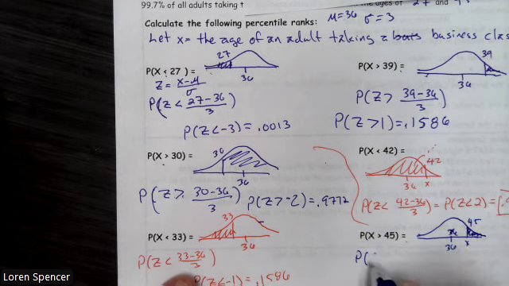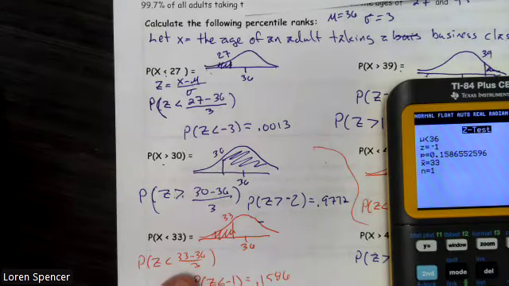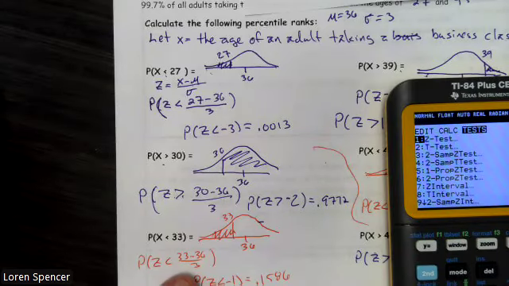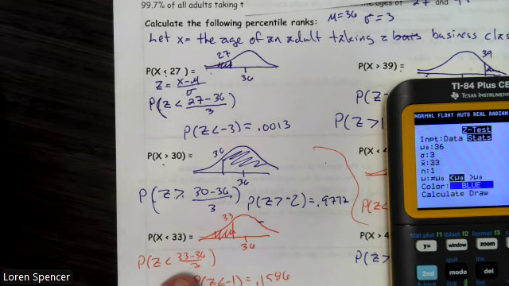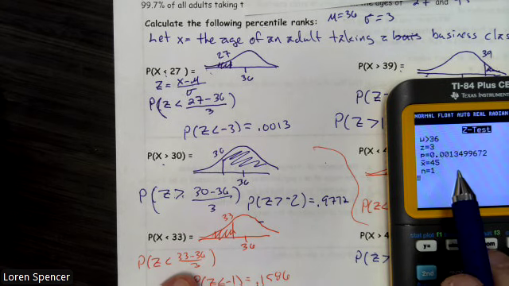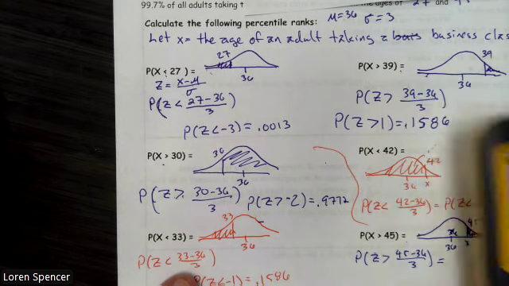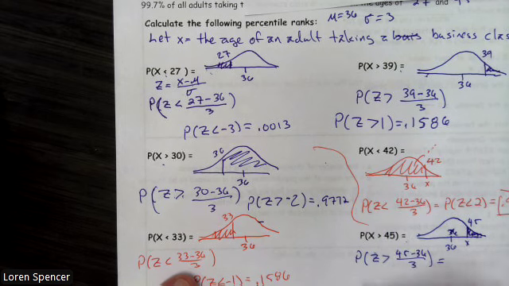So the probability that Z is greater than 45 minus 36 over our standard deviation of 3 equals... probability Z is greater than 3 is 0.0013.